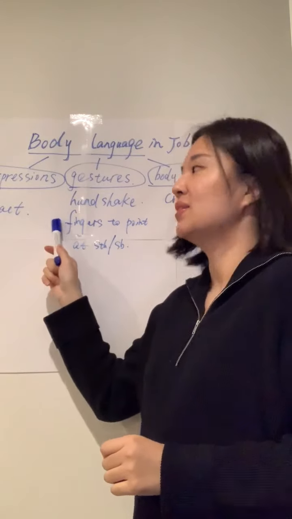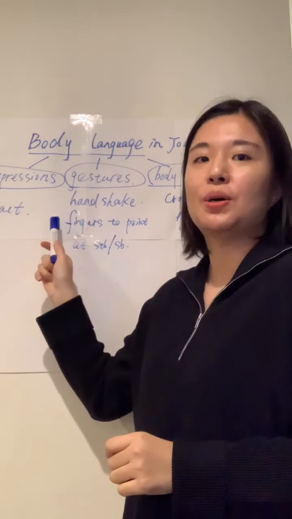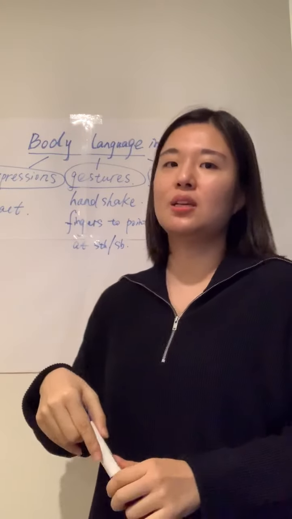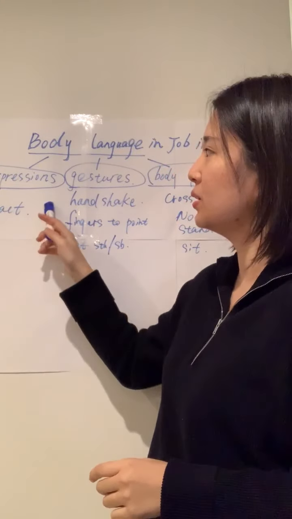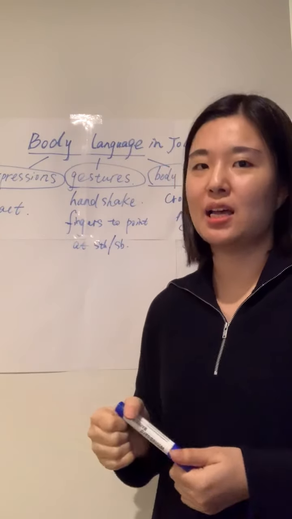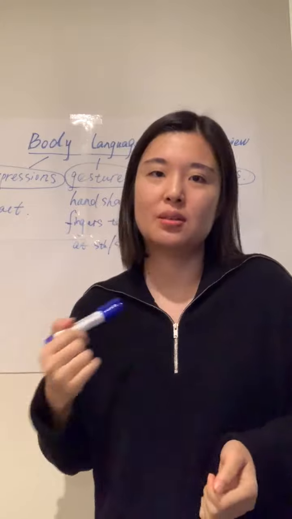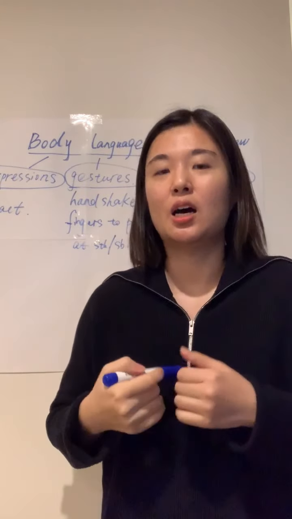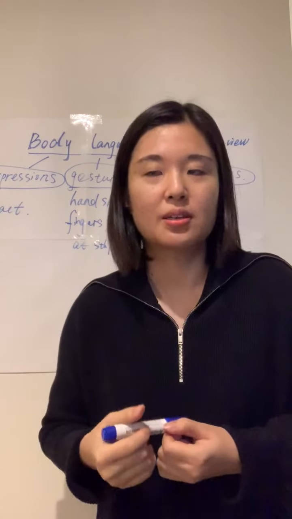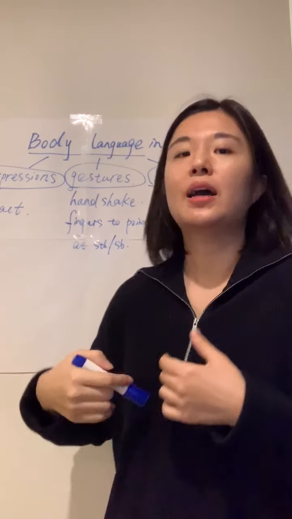So let's look at the words that they brainstormed here. Eye contact and smiling. Why do you think these 2 words are important in facial expression when you have an interview? Yes, very good. Because usually our interviews are face-to-face, so you must have eye contact.